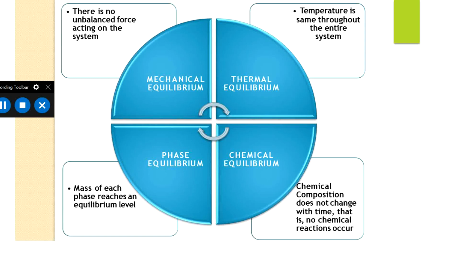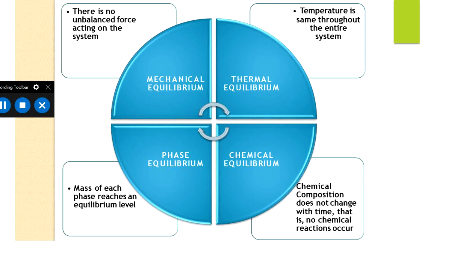In thermal equilibrium, there will not be any temperature difference throughout the entire system, or the temperature remains constant, and does not change with respect to time. Then we can say that the system is in thermal equilibrium.